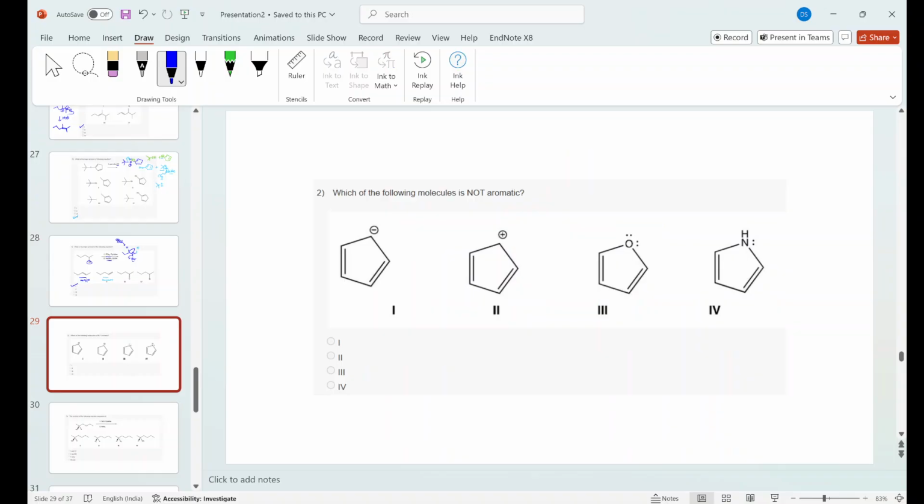Second question is, which of the following molecules is not aromatic? Okay, first thing, this. So here you have one each. Okay, so this one is pyrrole, you know it is aromatic. Okay, you have furan. Furan is also aromatic.